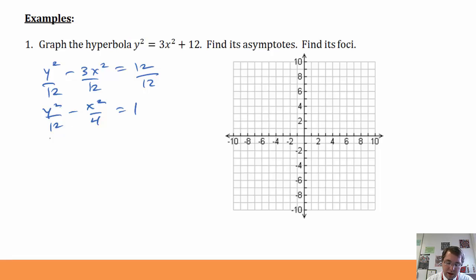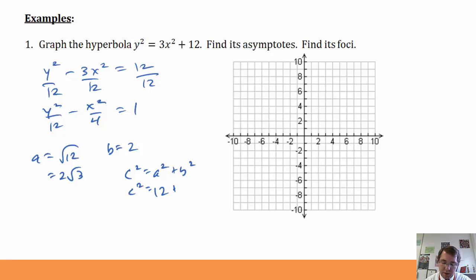So that means a equals the square root of 12, which would be 2 radical 3, and b equals 2. C squared, which remember is a squared plus b squared, would be 12 plus 4. C squared is 16, which makes c equal to 4.